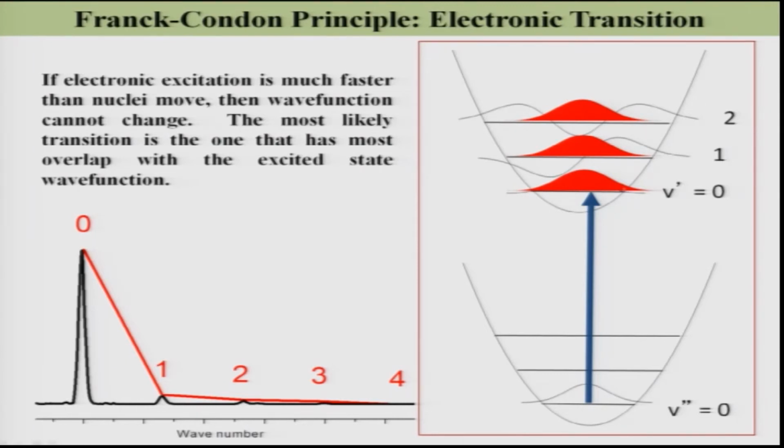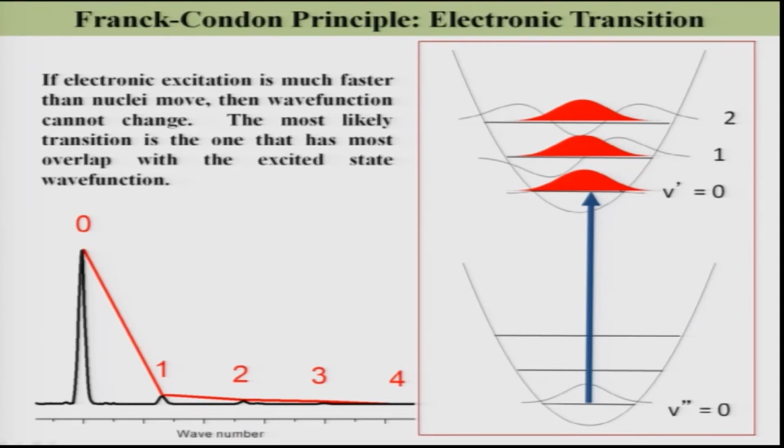So the wave function will remain the same, and the most likely transition will be the one that has the most overlap with the excited state, because then they have to be the same. When the system goes from here to here, it reaches similar wave functions to whatever was present in the ground state.